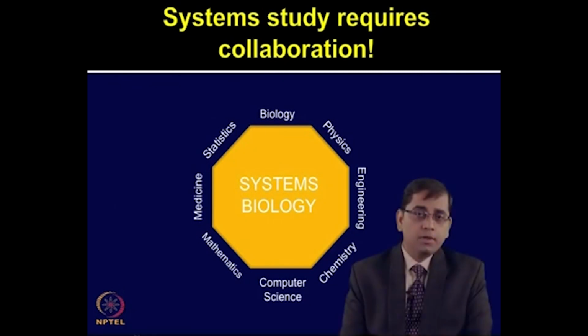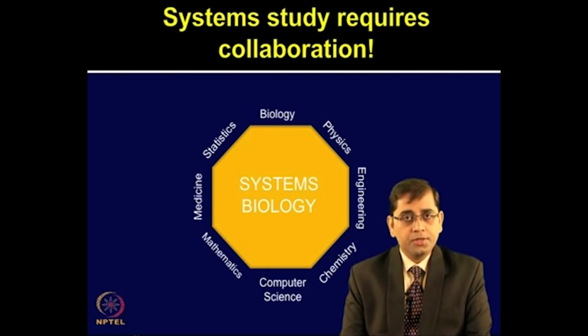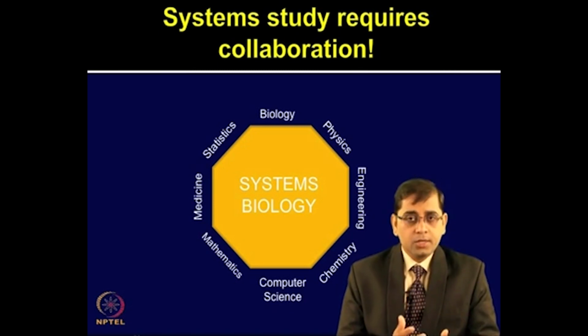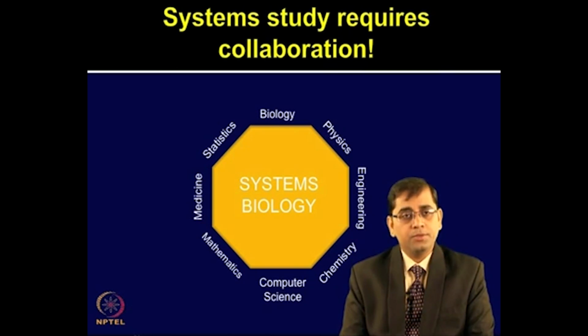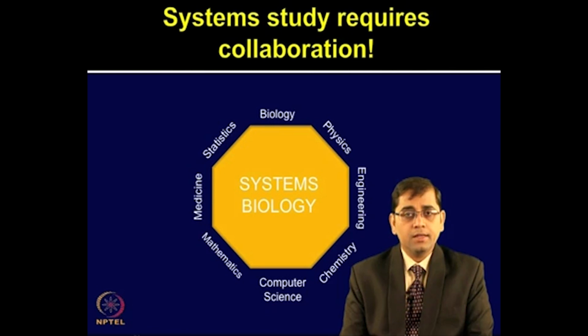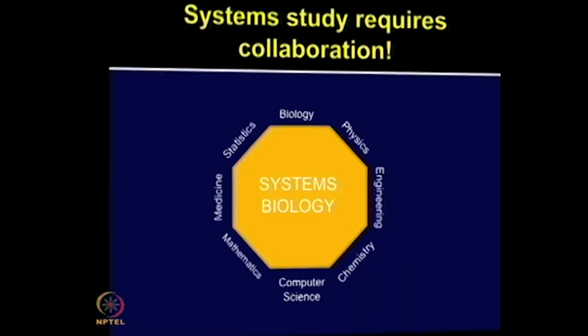Studying systems control cannot be done in isolation in an individual lab. It requires different expertise and collaboration from scientists working in different disciplines of biology, physics, engineering, chemistry, computer science, mathematics, medicine, statistics and many other fields.